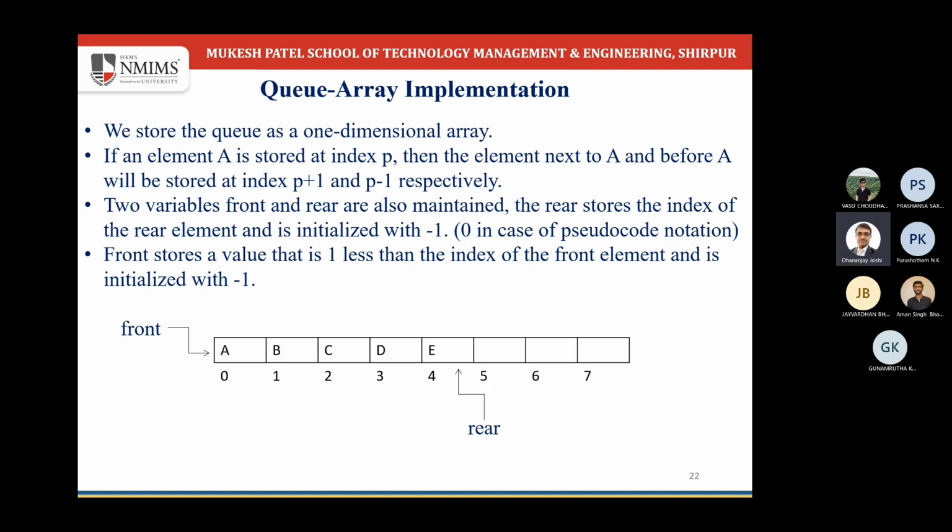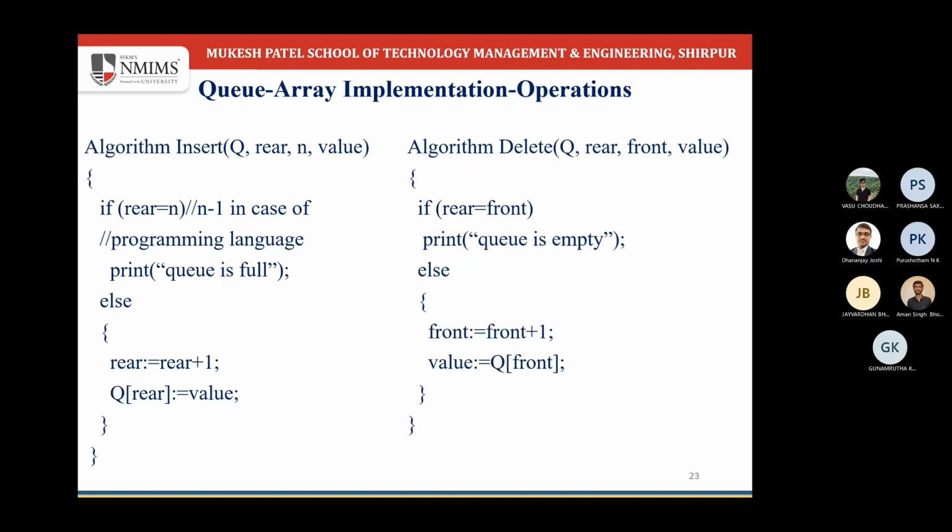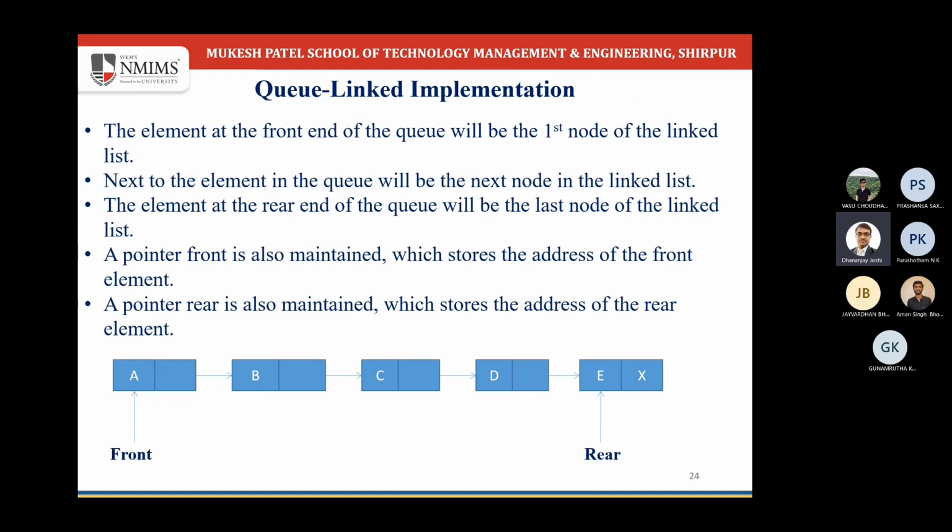When front becomes equal to rear, it signifies that the queue is empty. Rear being -1 is definitely a case where queue will be empty, but that will not be the only case. These are the implementations we have already gone through. And we talk about linked implementation of queue.